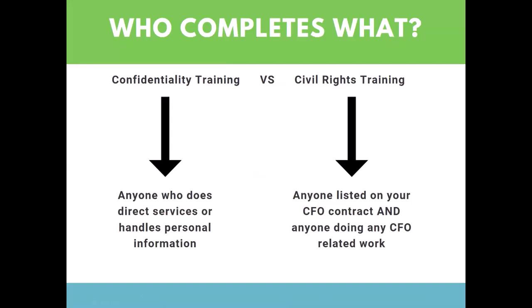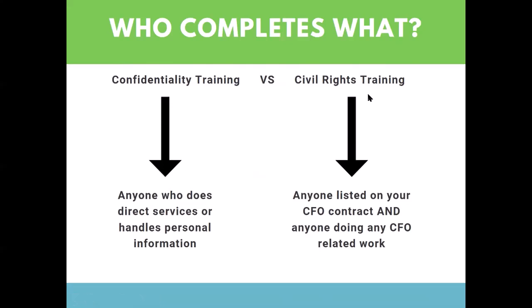So if they're helping with the application or if they're pre-screening people and getting that personal information, they really would need to complete this confidentiality training, as well as anyone that handles personal information. So maybe there is someone doing data entry on your team and they're not really doing direct services, but they're helping with the data portion. They still would need to complete confidentiality training because they're still handling that confidential information.